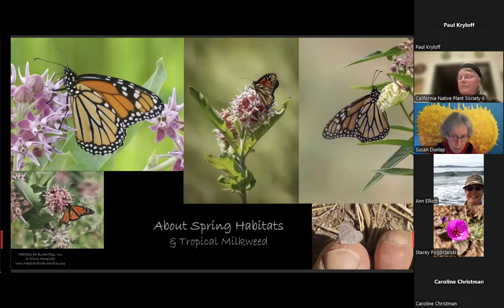In Marin County, that distance is 5 miles because of the inland location of one of your primary overwintering sites. In Santa Cruz County, 1 to 2 miles is sufficient. And in other inland Bay Area counties, there are no limitations. So we do encourage you to develop spring habitats for monarchs, especially as we know it can boost that year's population.